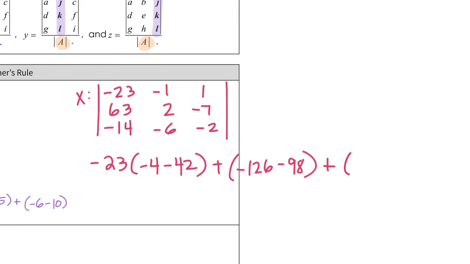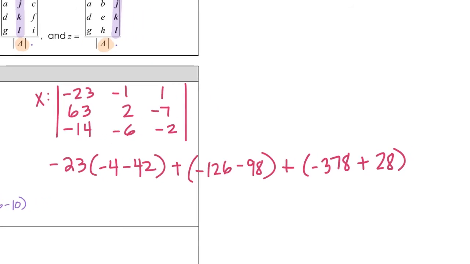Let me use my calculator. 63 times 6 is 378. Minus negative 28, so that'll be like adding. Okay, so let's put all of this together and see what we get. And this comes out to 484.